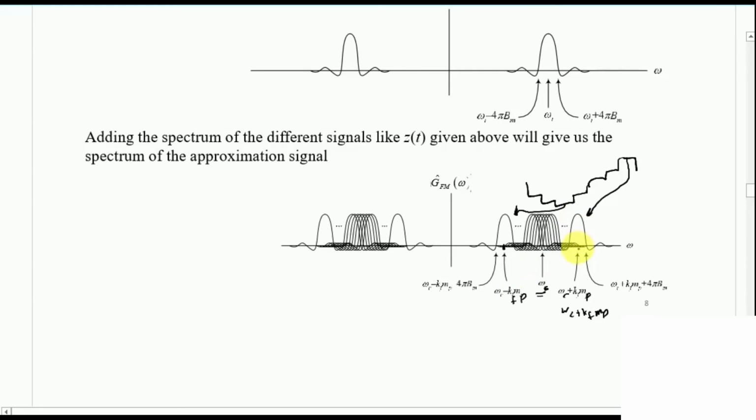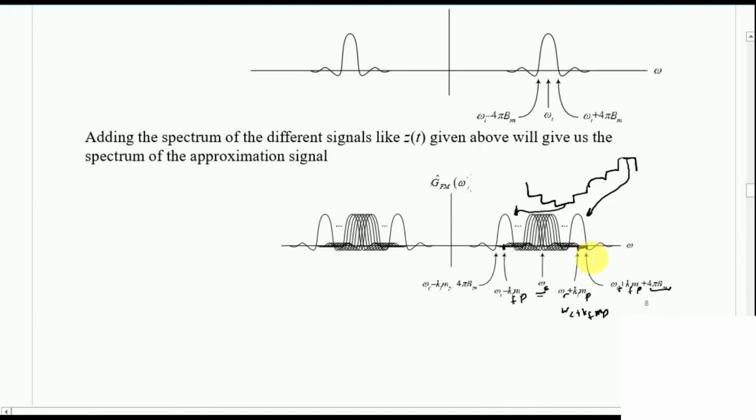And then until the main lobe we have omega c plus kf mp plus this point, which is 4 pi bm, as we have discussed previously over here. So omega i plus 4 pi bm.